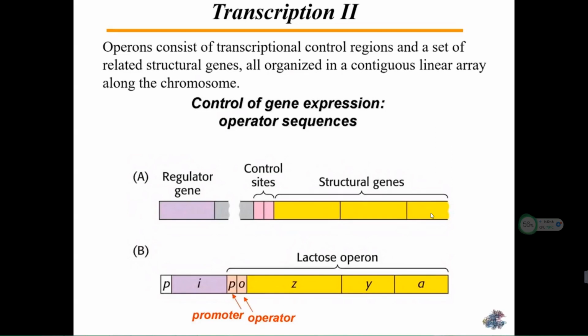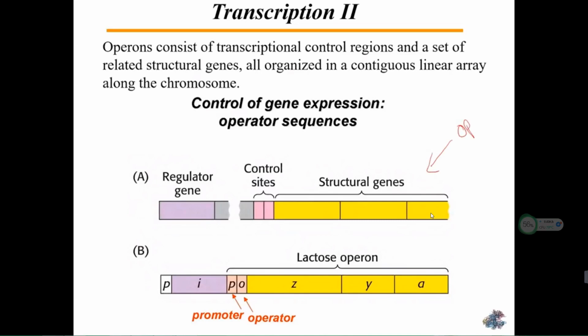So for the lac operon, it's best defined as three genes, a set of genes, that are transcribed from a single promoter region to produce a large pre-mRNA molecule that contains three separate protein coding regions. Okay, so this is just an overall general depiction of what an operon consists of.